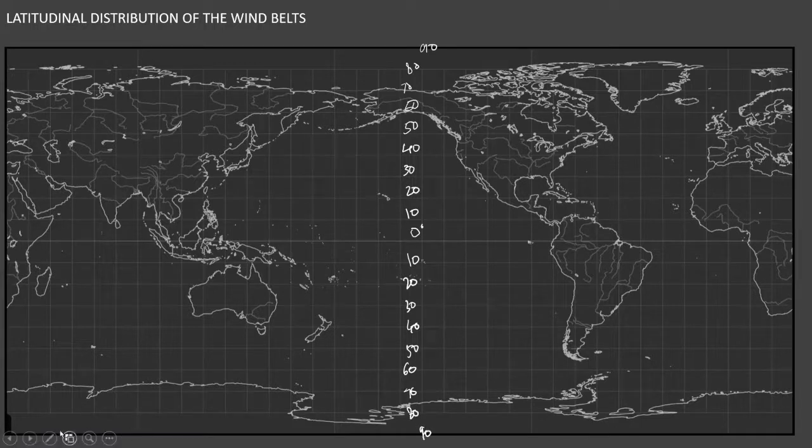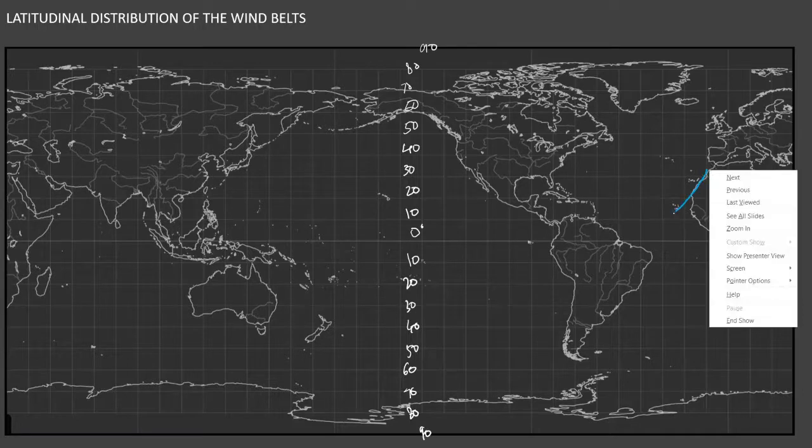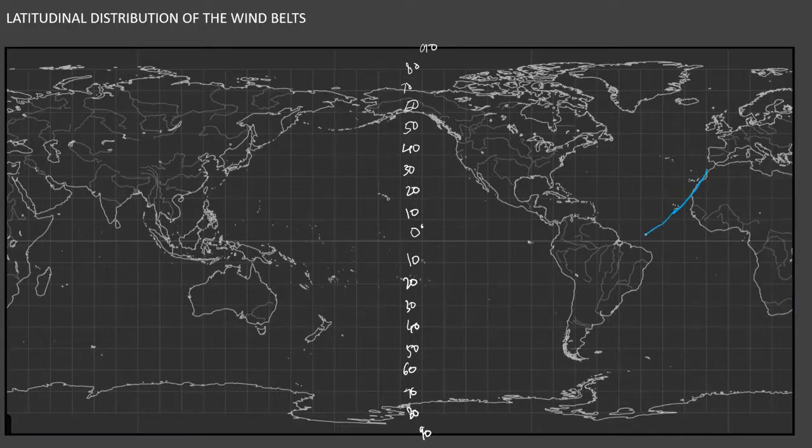All right. So now if we have to superimpose the winds on this, then the trade winds, they start from 30-degree latitude and then they come towards the equator like this. They converge here. So these winds, they are known in both the hemispheres.